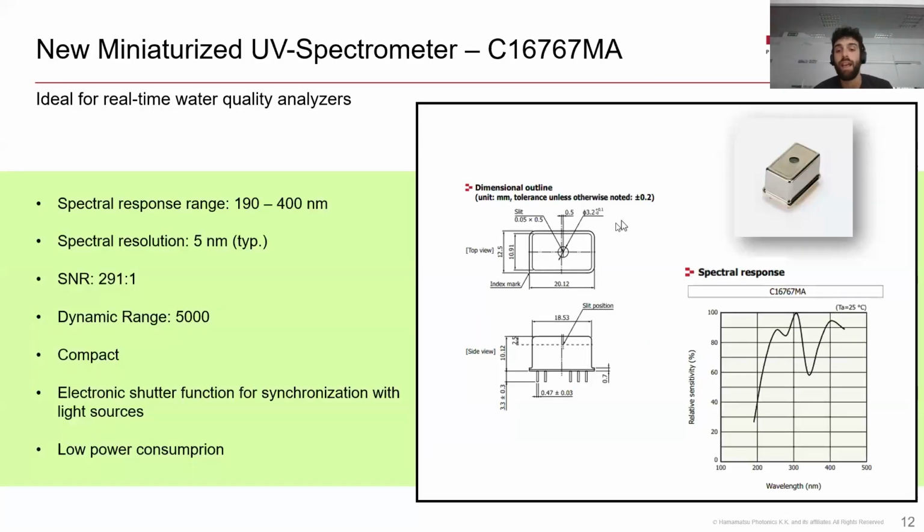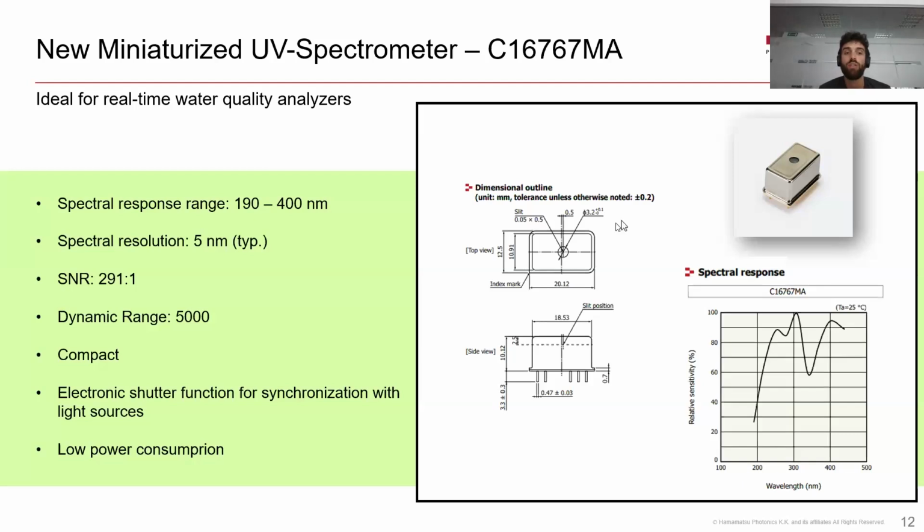And here you can see some characteristics of this new UV spectrometer. We've talked about size. You can see that the long side of this product is about 20 millimeters, so extremely small, the size of a fingertip. You can see the spectral response, which goes from about 190 nanometers up to 440.